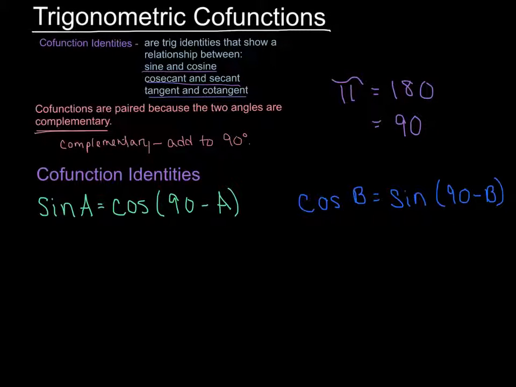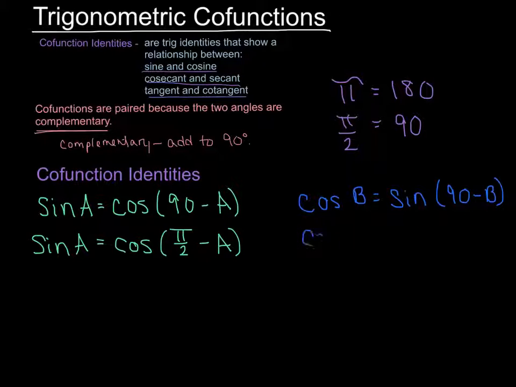So it would work the same for pi divided by 2 would give me 90. So I could also say sine of A is equal to the cosine of pi over 2 minus angle A, since pi over 2 and 90 is the same. And that works for everything.